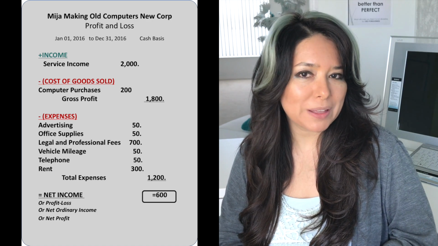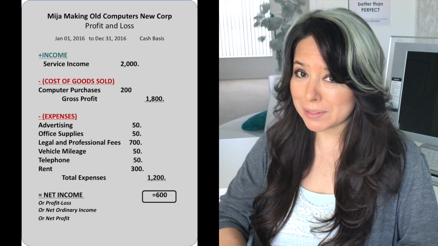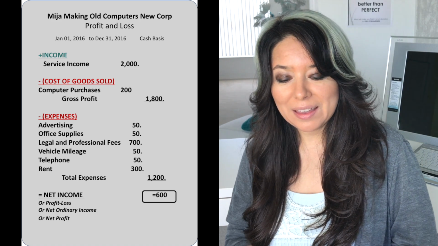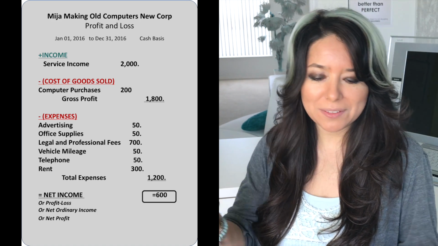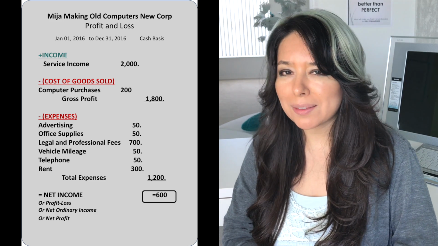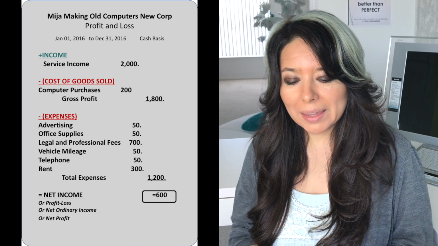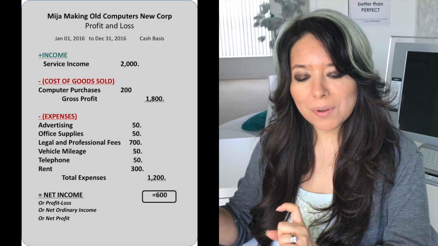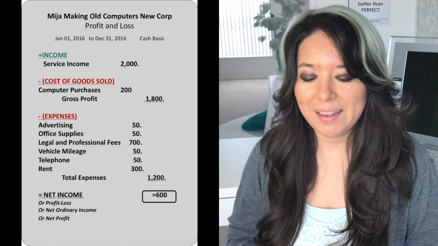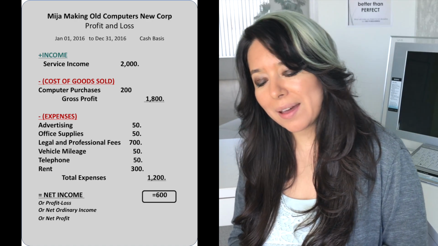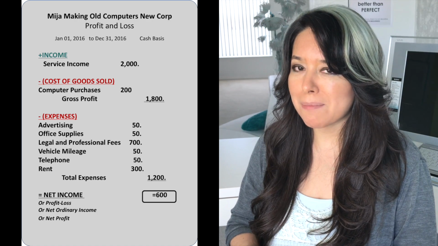He actually had to spend $50 for his business cards and some supplies. He also had to spend $700 to open the corporation, which we put into legal and professional fees.